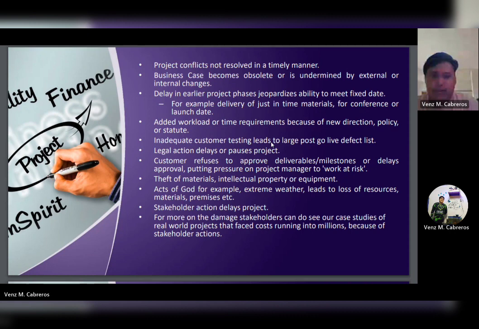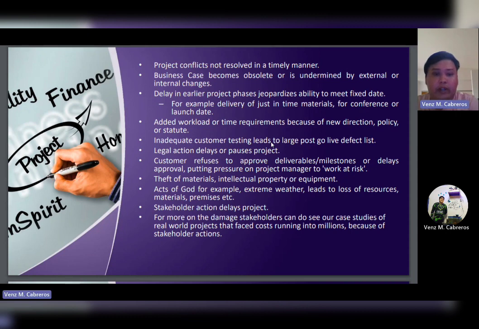Then acts of God, for example, extreme weather, bagyo, lead to loss of resources, materials, premises, or etc. Usually lead to loss of resources kanang mga ibang ship, mga materials nga mga mabtan sa bagyo dito sa laut, hindi na ma-recover, para pa-refund niya man order sa balik.